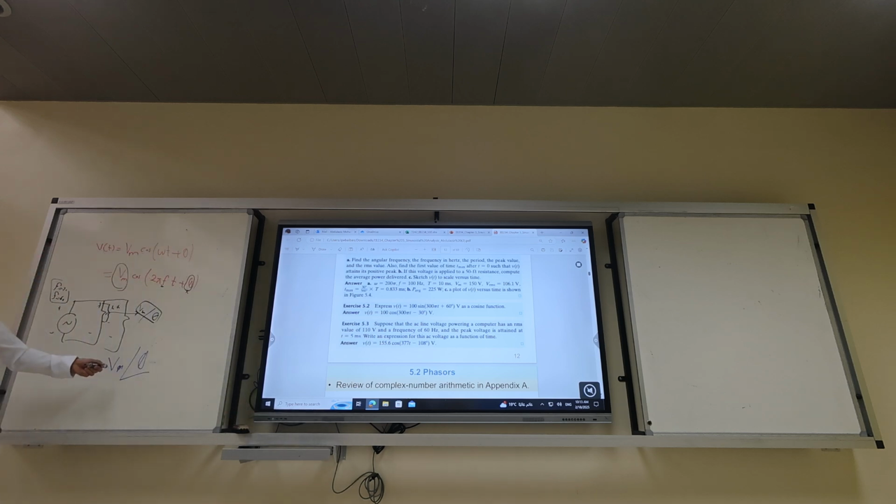In other words, if I know V and theta in a circuit, I can reconstruct the time domain function. So this is time domain, this is phasor domain. Why do we do this? Because we don't want to write cosine 2 pi f every time in our circuits. We are lazy, remember.